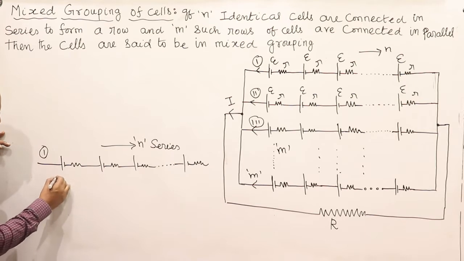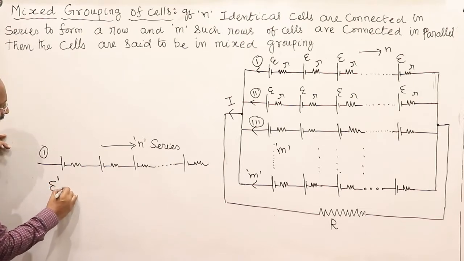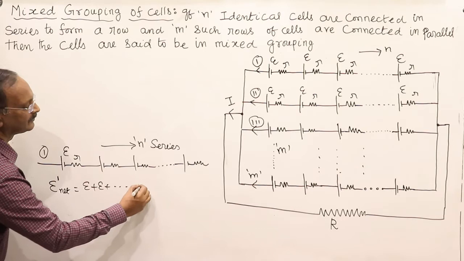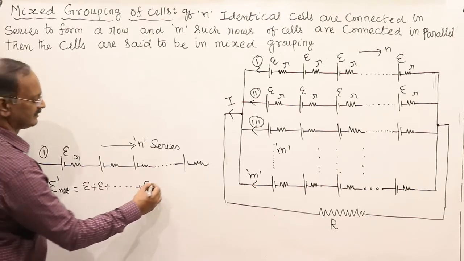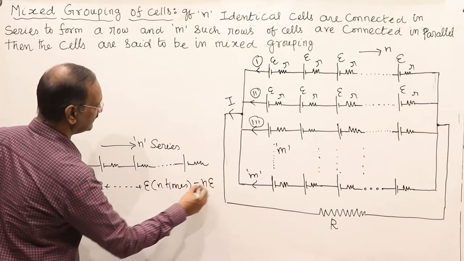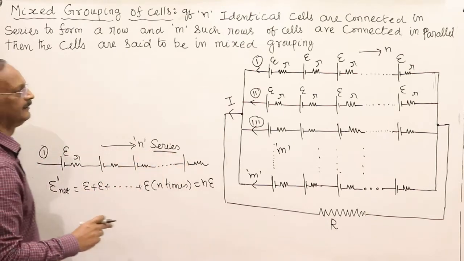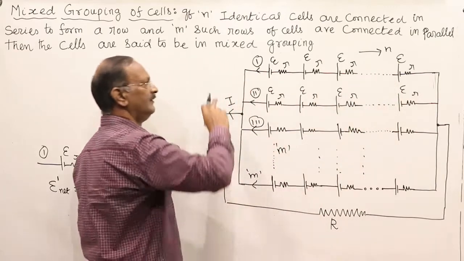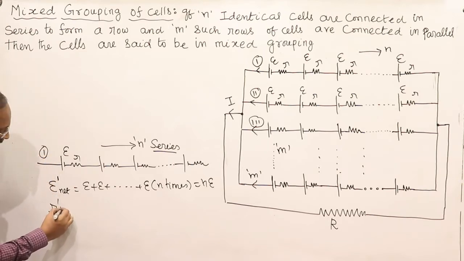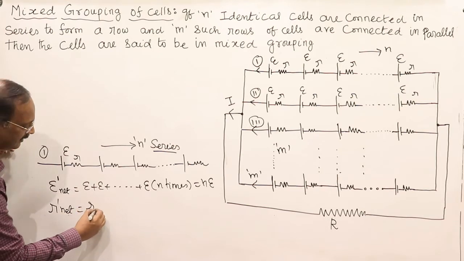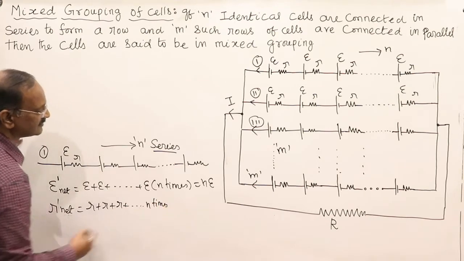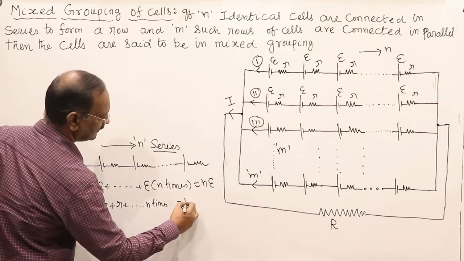The net EMF, we will call it E dash, is equal to E plus E up to n times, which is equal to nE, because it is all in series. We add up all the EMFs of the cells in the first row. The equivalent resistance of the first row is r plus r plus r up to n times, which is equal to n times r.